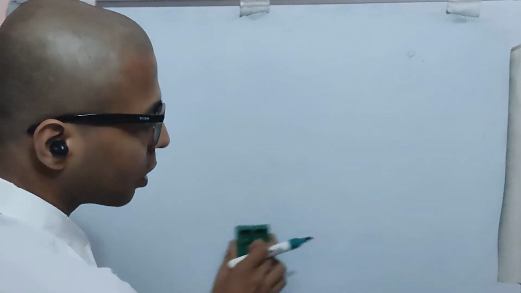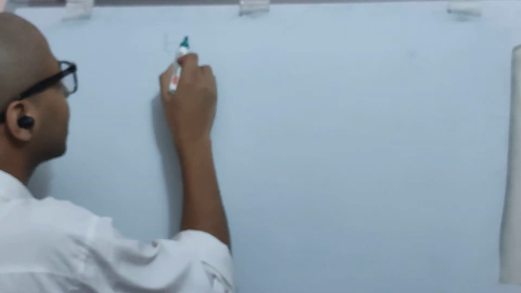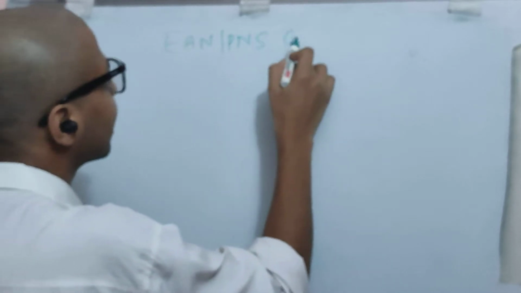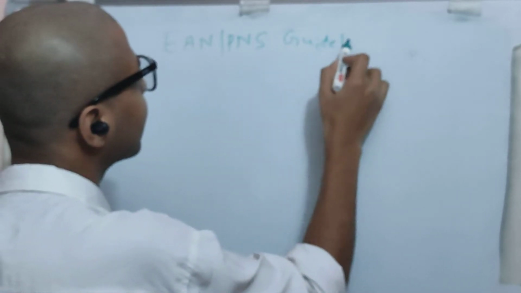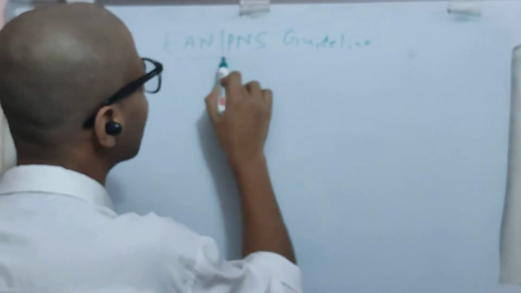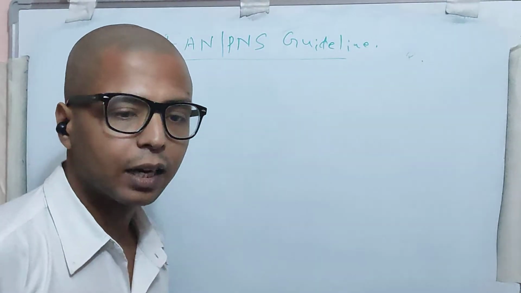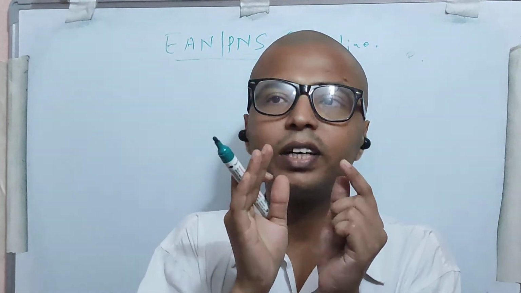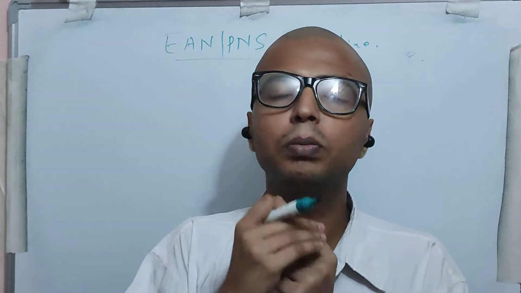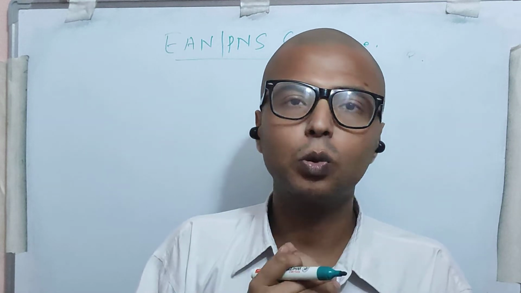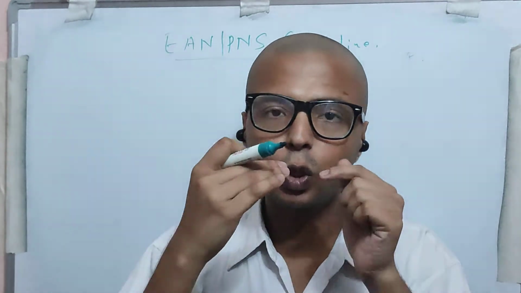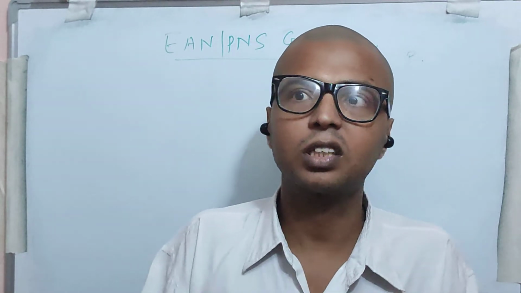Now let's talk about the European guideline regarding CIDP diagnosis, called the EAN/PNS guideline. According to this guideline, for a definitive CIDP you should meet the clinical inclusion criteria, clinical exclusion criteria, and electrophysiological criteria, that is the nerve conduction study.